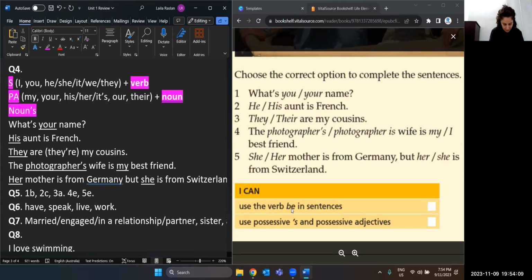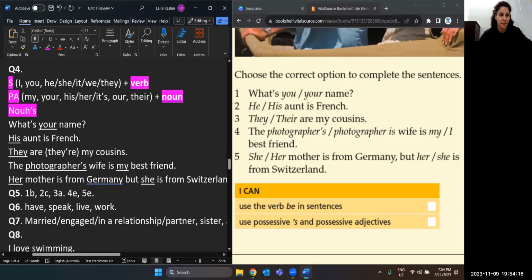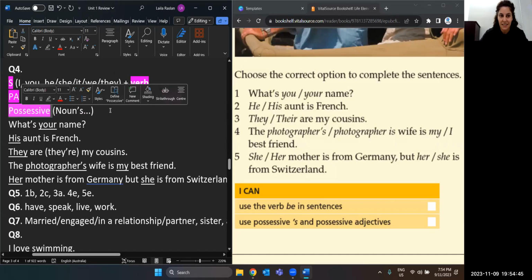So we can tick that. We also can use the possessive and the possessive adjective. So they were the rules that we learned. So the subject, the possessive adjective, and the possessive.